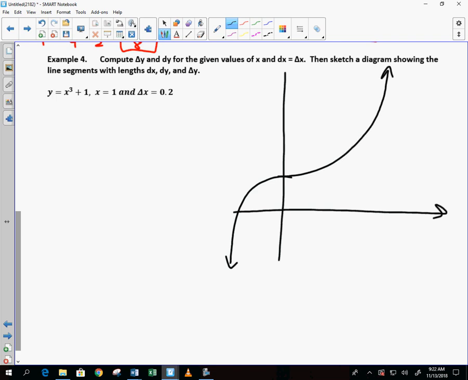But, is everybody okay with that? Okay. So what is the x value that I'm using? I'm using 1. So I'm going to draw a tangent line at 1.